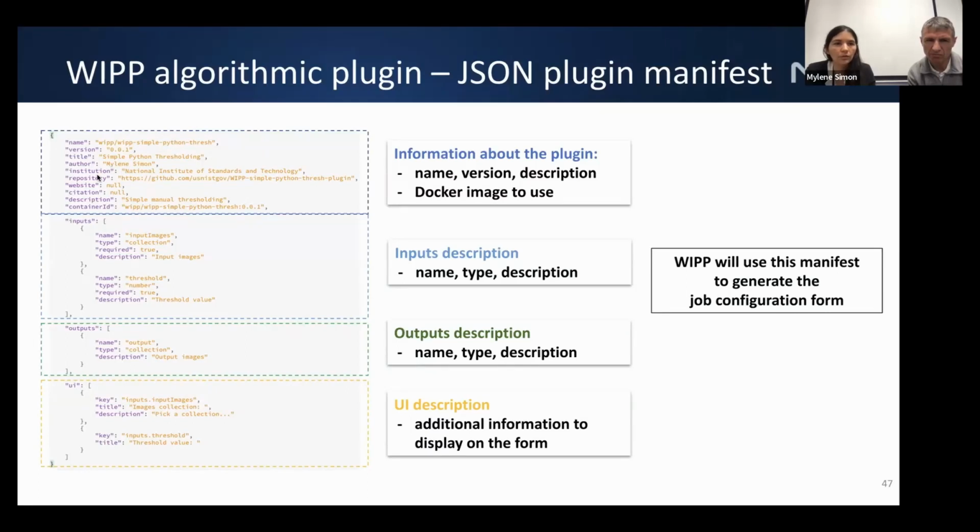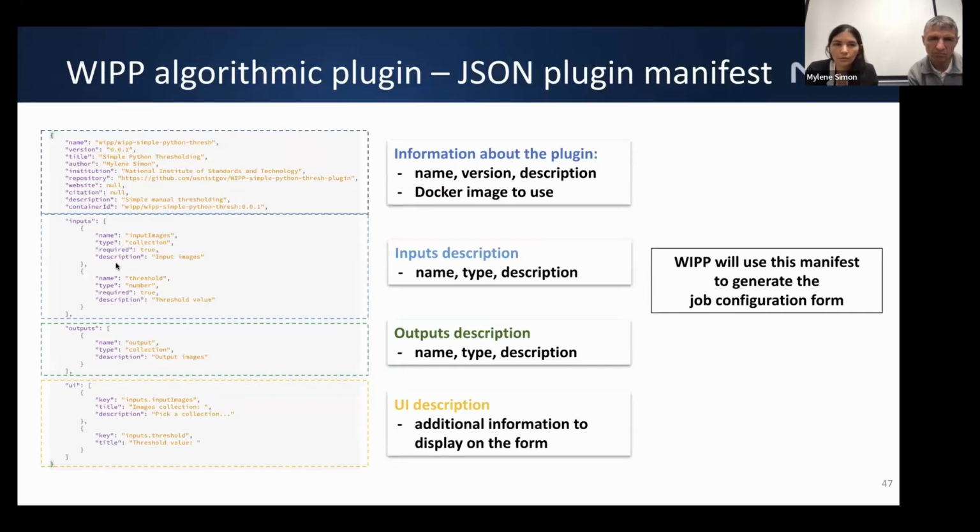You can add author, institution, a code repository, website, citation, and a small description about your plugin. This is also going to be displayed in the WIPP interface. Then you specify which Docker image, or which container image, is the actual code plugin that is going to be running.